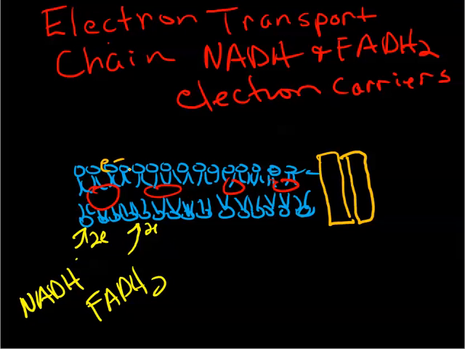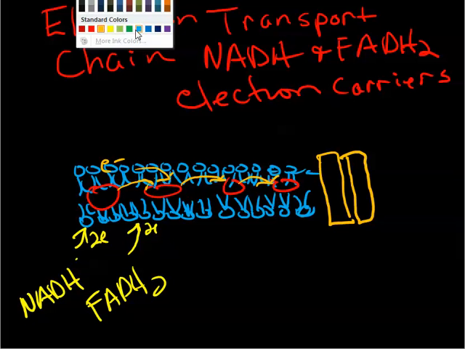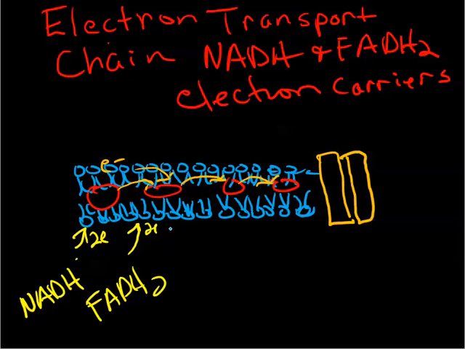Now these electrons are going to be carried from one protein to the next. And what this energy allows us to do is pump hydrogen ions out of the matrix, basically into the space in between the outer membrane and the inner membrane.